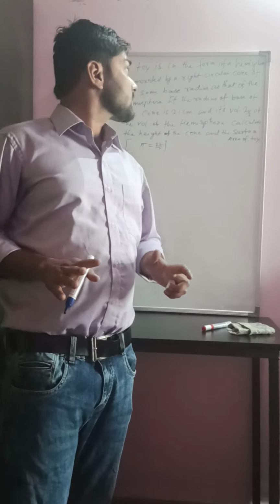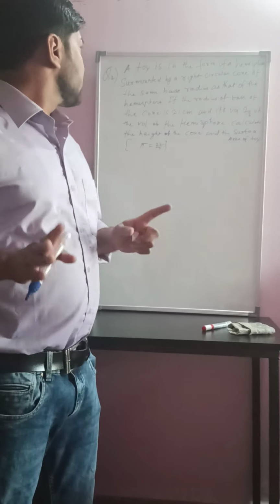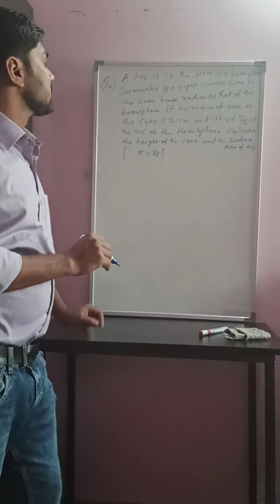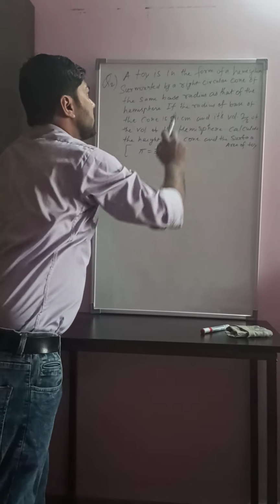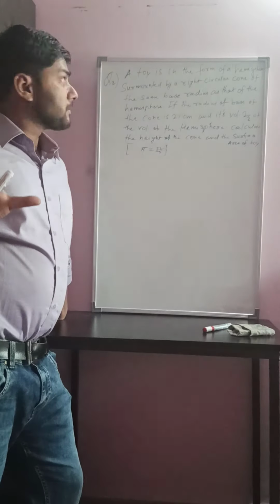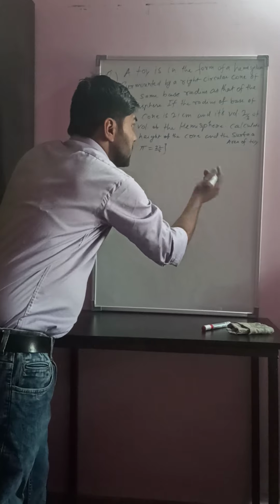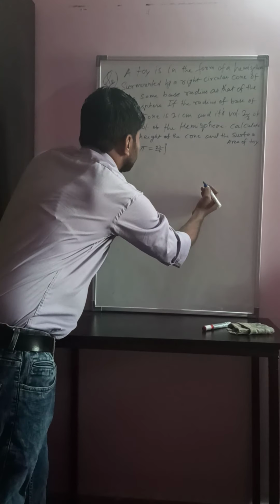Now we are going to see question number 2. As you can see here, the toy is in the form of a hemisphere, which is surrounded by a right circular cone. Suppose I draw the diagram here.